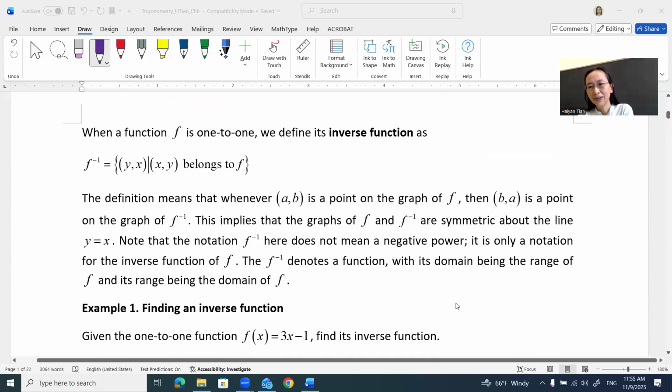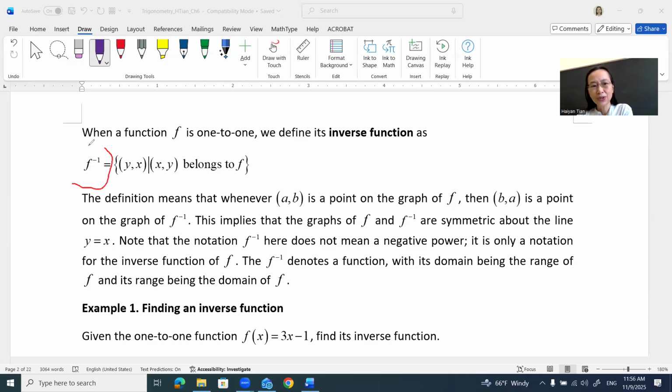Now we will look at the inverse. What is the inverse? It is a pair, just like any function. If it's a function, you have a pair, the input and the function value.